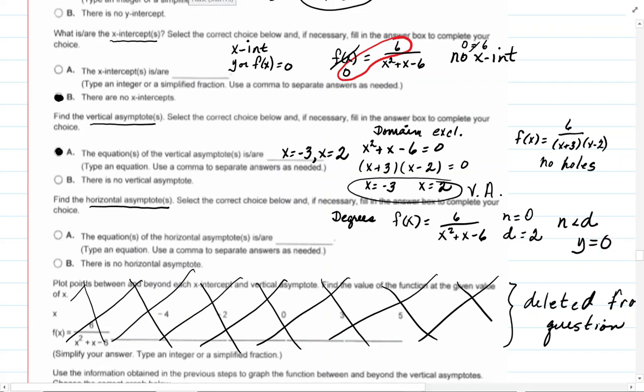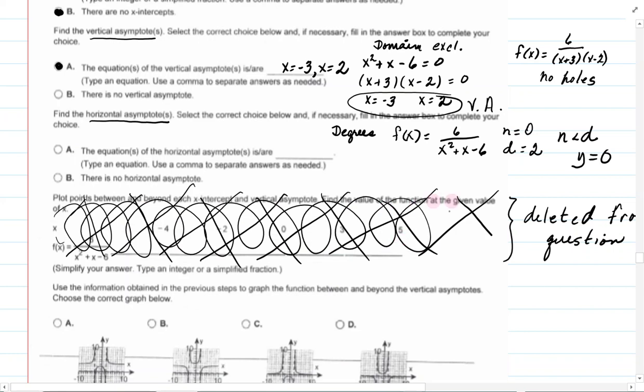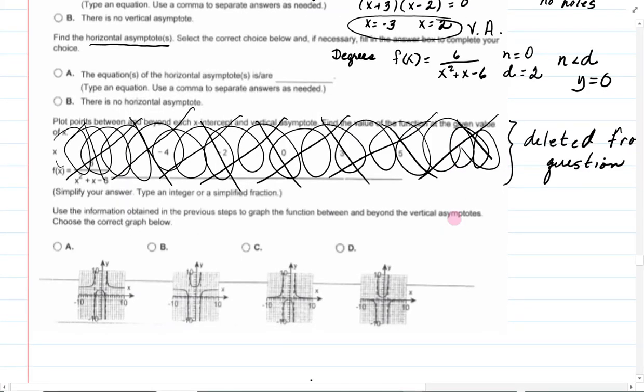Now that I have that information, I'm going to see about actually matching the graph. Now, it's slightly different, and by the way, this point plotting part has been deleted from your question. So it was to make a t-chart, and you really don't have to do that. So we're going to practice just doing matching, but it is different than drawing the one on a piece of paper by yourself.